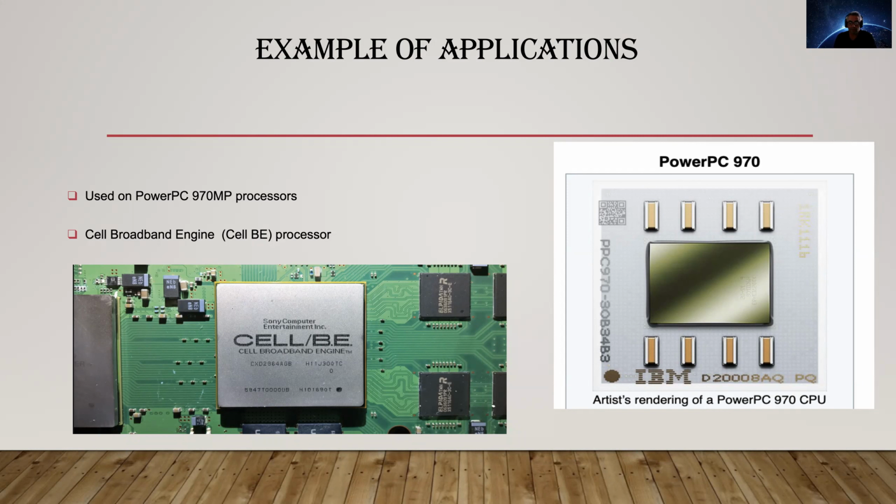A typical example is the AA sort evaluated on 4 cores of the PowerPC 970MP processor and a system with 16 cores of the Cell Broadband Engine, Cell BE, processor.